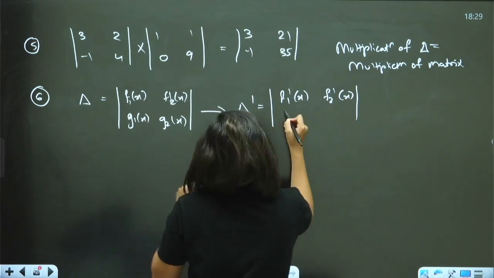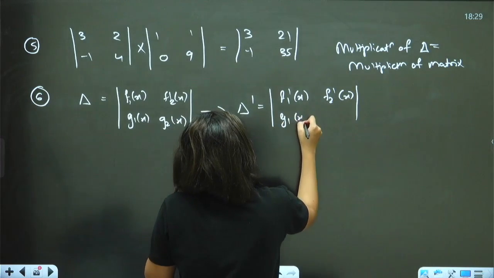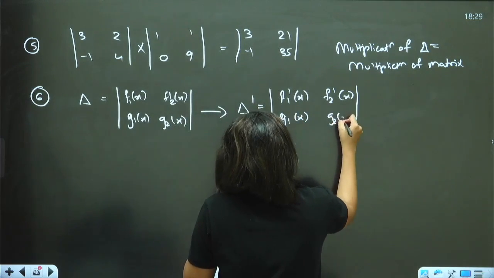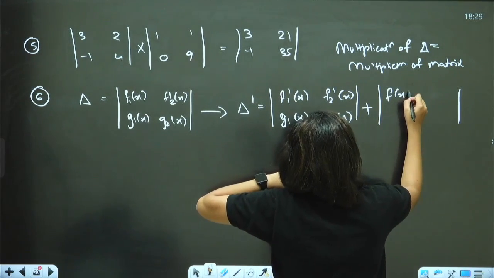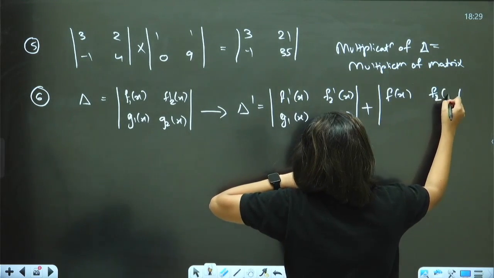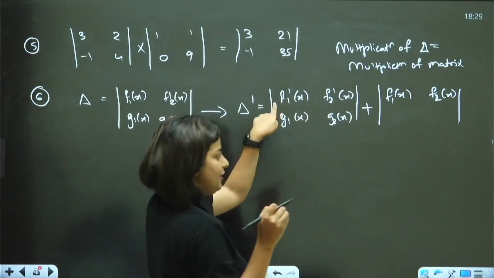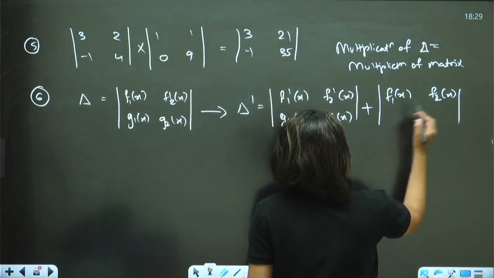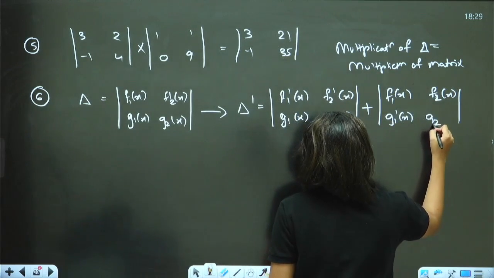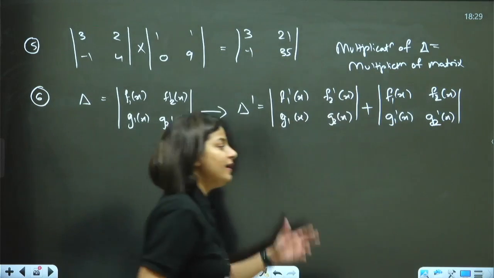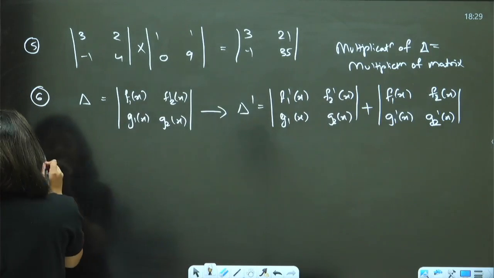At a time you will take derivative of only one row or one column. Suppose I take the derivative of one row and then keep that row as it is. First derivative of first row, second row as it is. Now first row as it is, then derivative of second row. At a time, derivative of only one row. That's a way to find derivative.